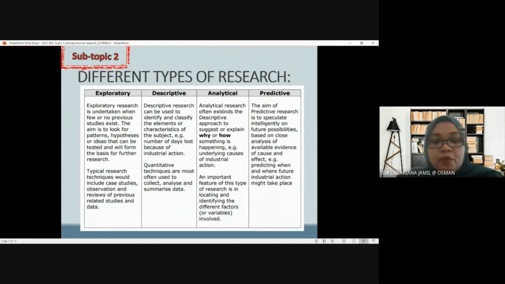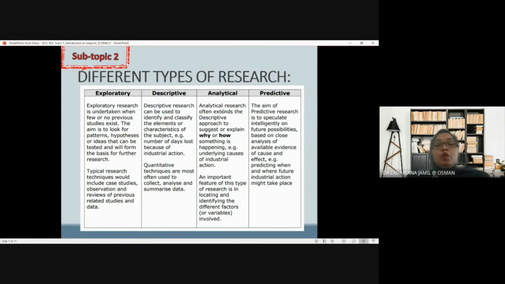If you refer back to descriptive research, it refers to the number of days lost because of industrial action, while for analytical research we want to study the causes that contribute to the industrial action. An important feature of this type of research is locating and identifying the different factors or variables involved.